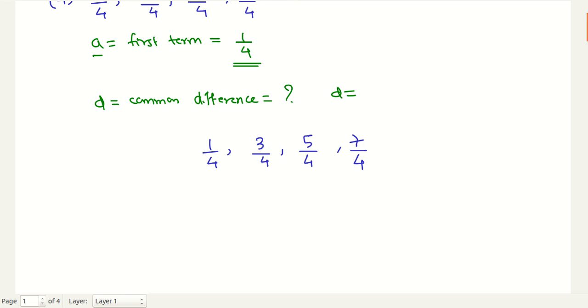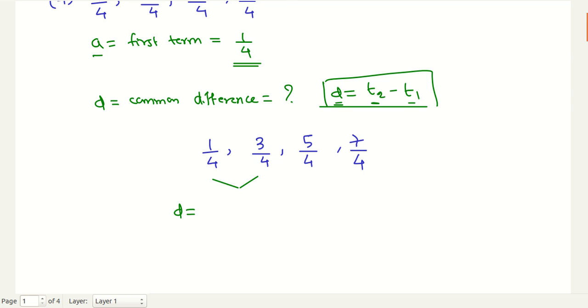D is given by T2 minus T1. Keeping this in mind, it is not only for T1 and T2. Again it will be T3 minus T2, T4 minus T3. D is nothing but the difference between the later term and the earlier term. This is the later term, this is the earlier term.